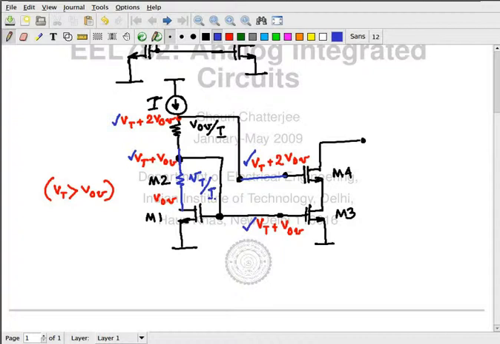So I need a resistor of Vt by I over here. Agreed? So you are saying let's do this.